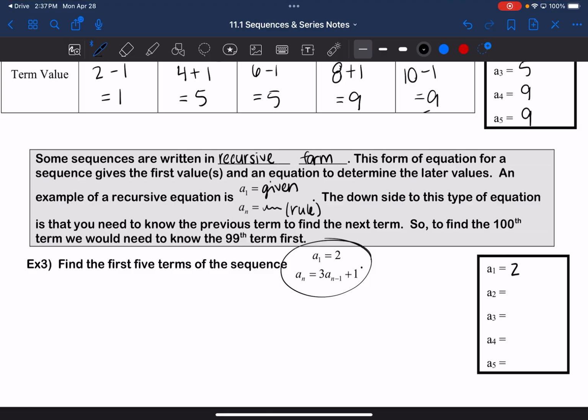But if I want to find the second term, I have to use that in order to find the second term. So to find a sub 2, my second term, that's going to be 3 times a sub, the term we're looking at, which is 2, minus 1, plus 1.